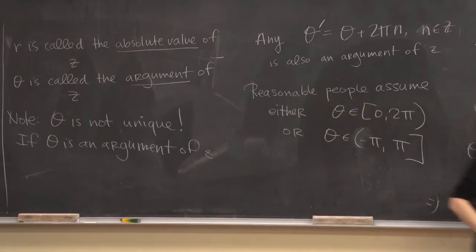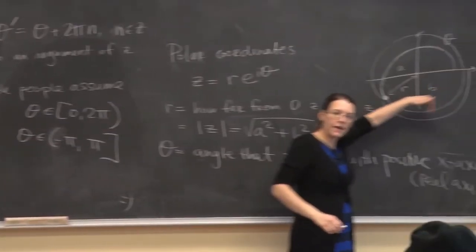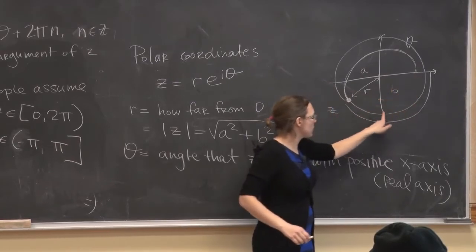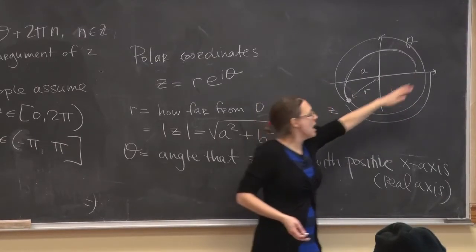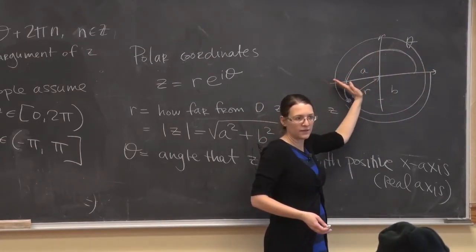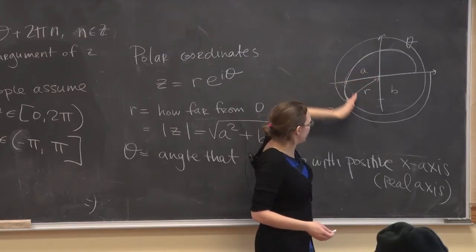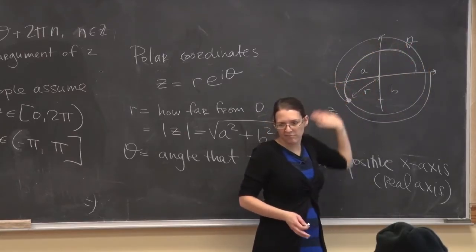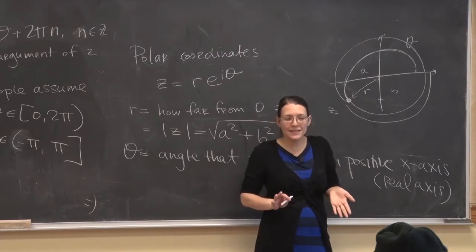So the angles down here, they'll count negative. They'll call this one negative pi over 2, and the ones up here, they'll count positive. So they'll go from here to there. Those are the two most common things.